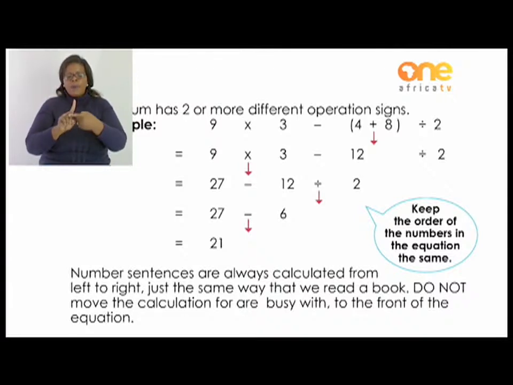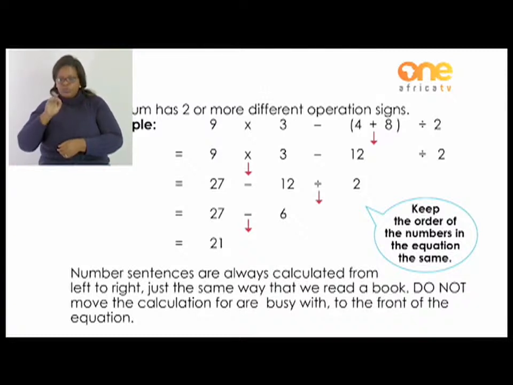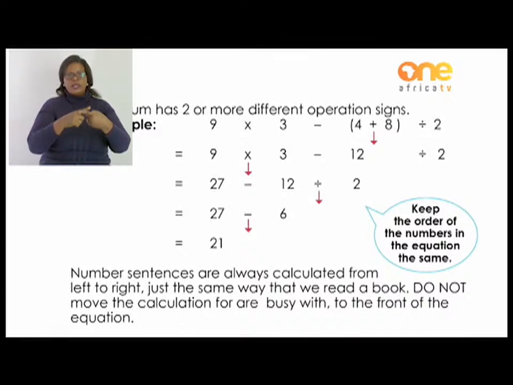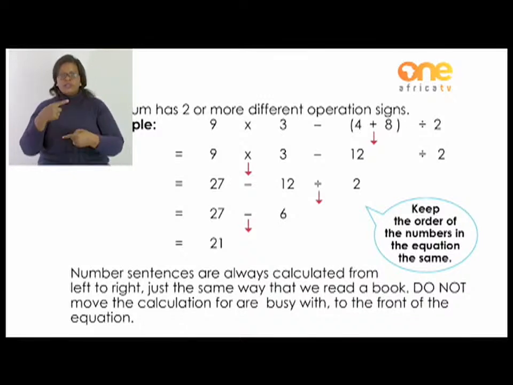So 4 plus 8 equals 12. So the next step, we rewrite all the operations until we get to the brackets. So the next step will be 9 times 3 minus, and the answer to the operation is 12 divided by 2.